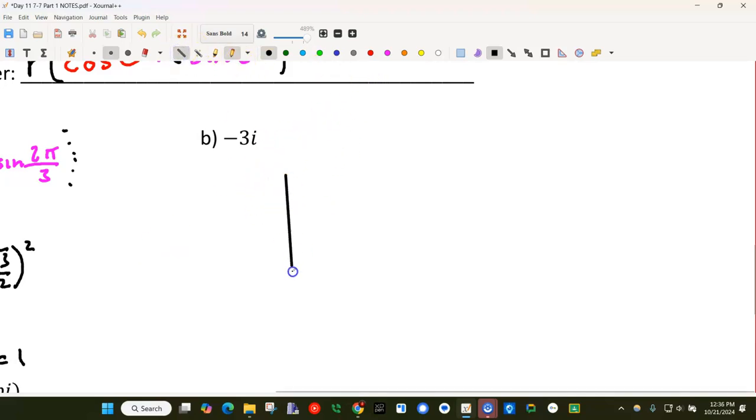Draw it out, and make sure it makes sense. You can go through the steps, but it also should make sense.